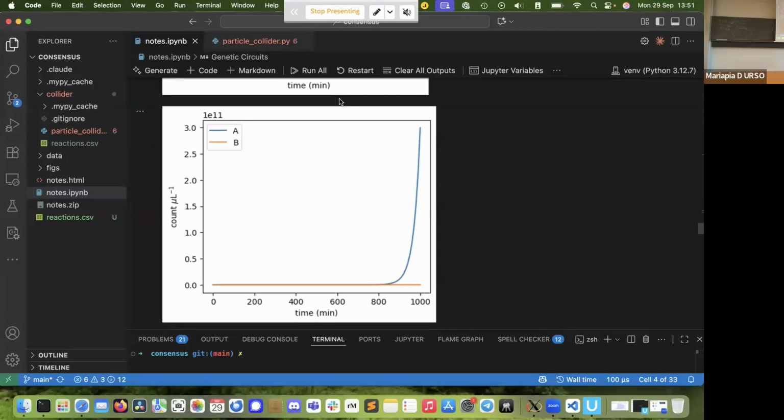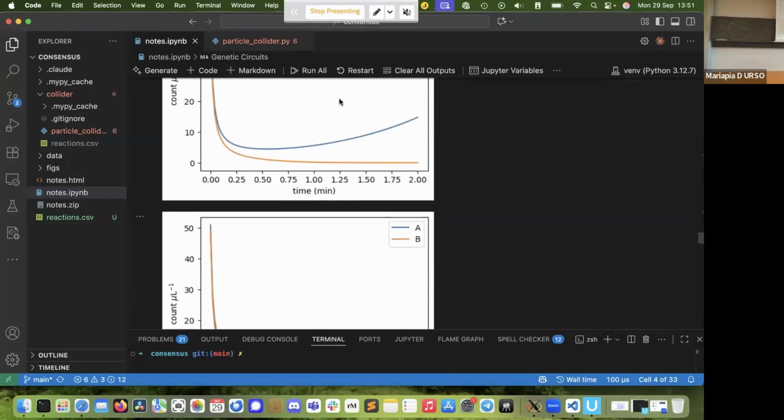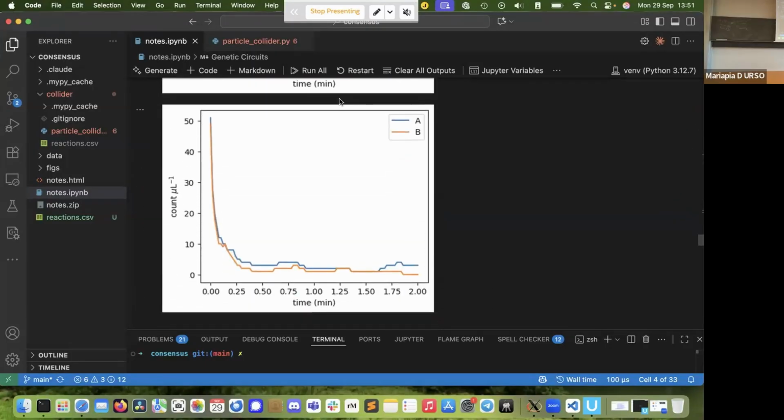Indeed, if you compare this deterministic to a stochastic simulation, you see it's doing a different thing, so you should be really careful. It's a better idea to think of it as a stochastic system, and to simulate and analyze it as a stochastic system and not as an ODE.